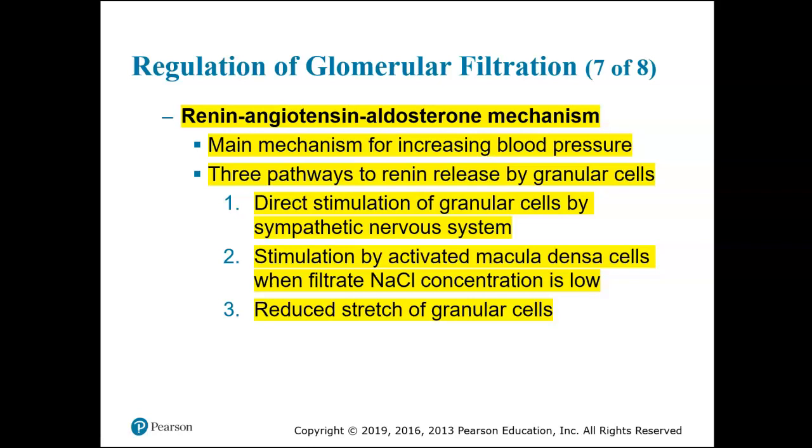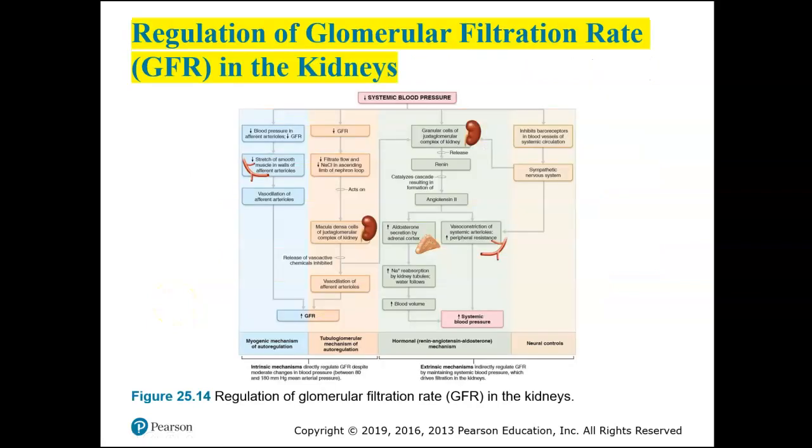Number two is stimulation by activated macula densa cells when filtrate salt concentration is low. And number three is reduced stretch of granular cells. So number 2 and 3 happen with the myogenic mechanism. So it's kind of like the autoregulation is interacting with other regulatory mechanisms.